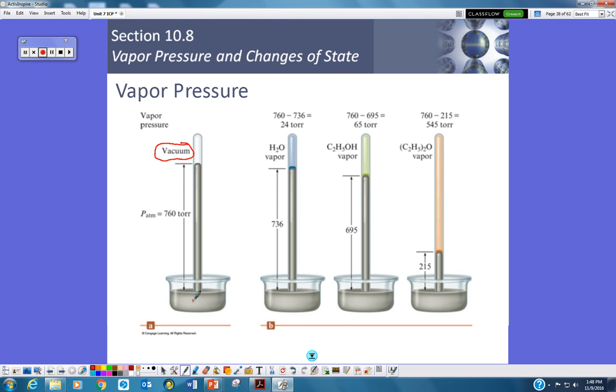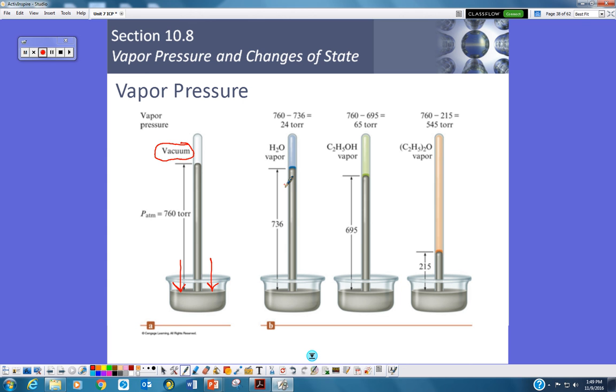That's going to cause this column of mercury to rise up to 760 millimeters of mercury. So we have atmospheric pressure pushing down on the mercury here, causing it to rise up in the tube because there's no pressure here.